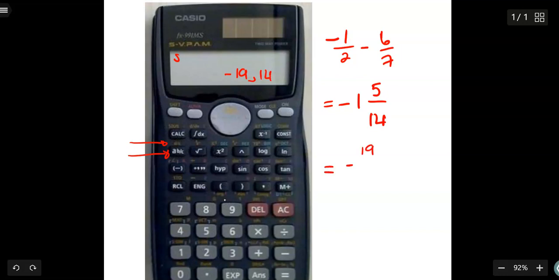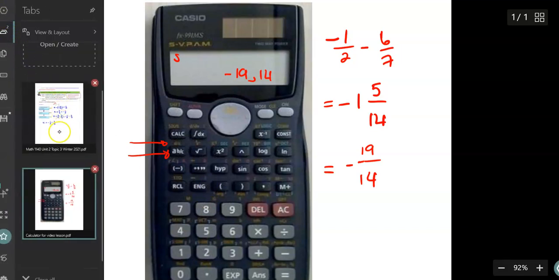So negative 19 over 14. So you can use this calculator to work on solving a linear equation involving fractions, or you can just go through the process of finding common denominators and then perform the operation. And I think it's a good idea to review that.